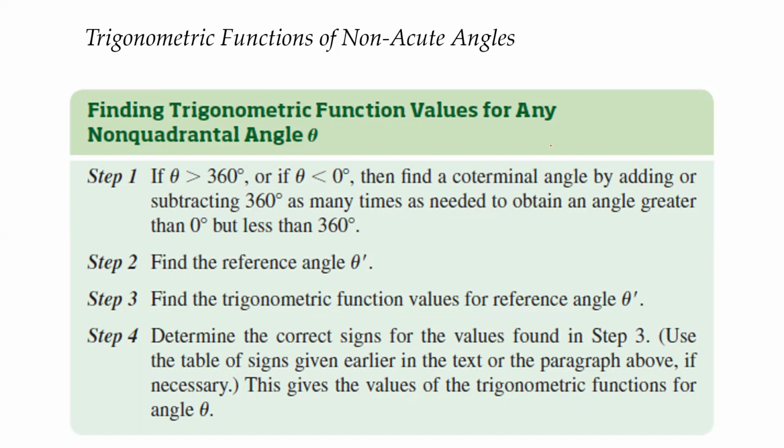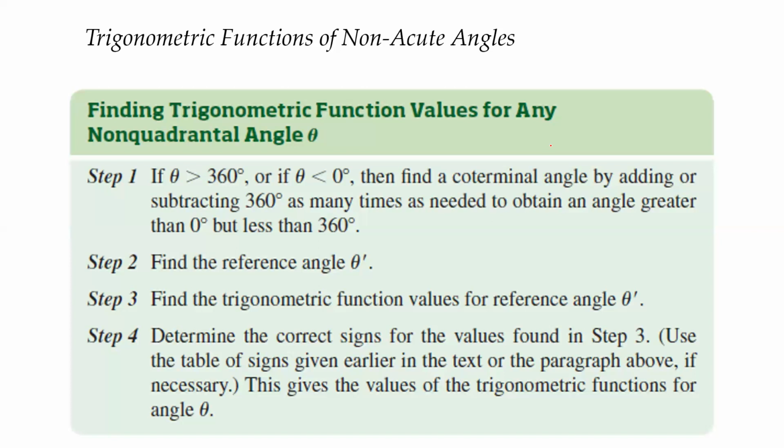So the first step would be, if your theta is greater than 360 or less than 0 degrees, then it is best to find the coterminal by adding or subtracting 360 as many times as needed to obtain an angle greater than 0 but less than 360 degrees, which we did in letter C, example 6.